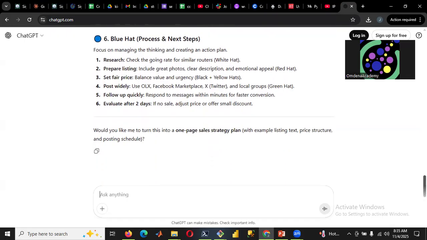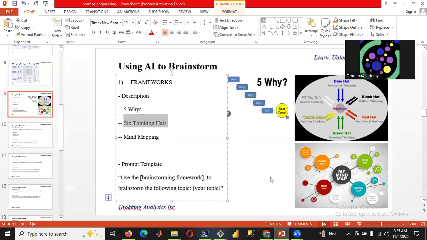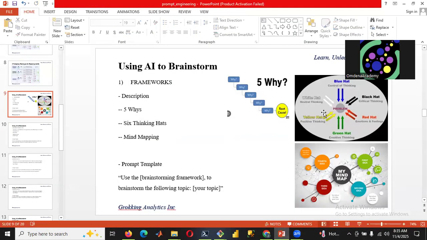So you can see that it makes it very easy for you to improve your marketing skill when you are approaching people. By the time you improve your marketing skill, you see that you get more sales. We can see the thinking hats on this side: blue hat, control of thinking; white hat, neutral thinking; black hat, critical thinking; red hat, emotion and feelings; yellow, positive thinking; green, creative thinking.